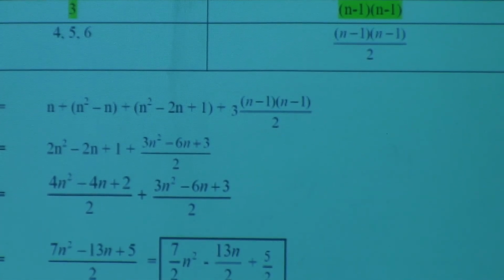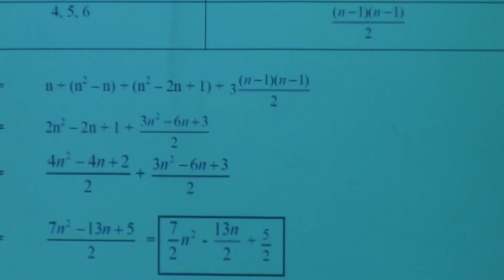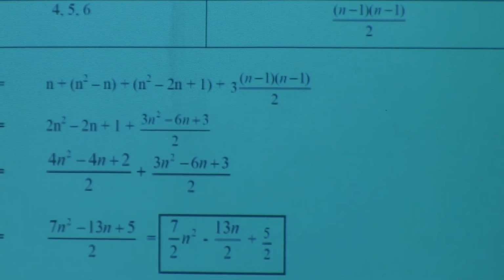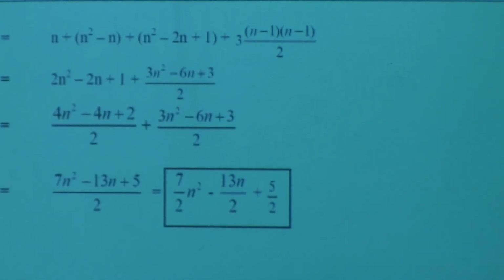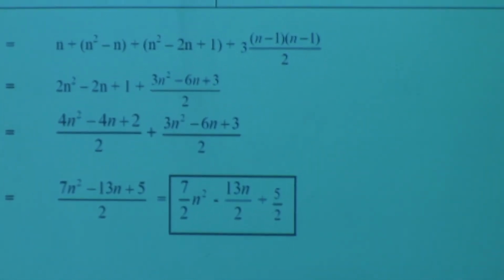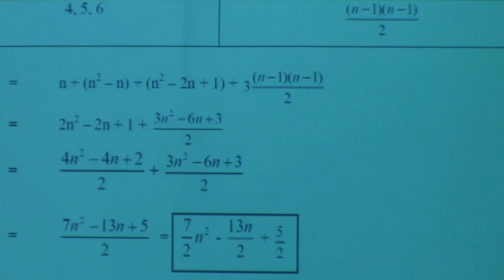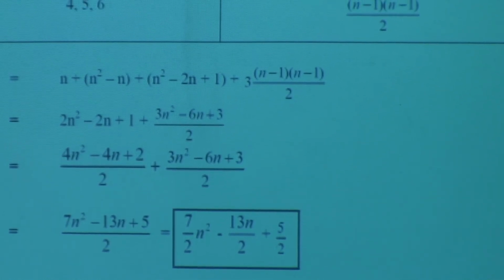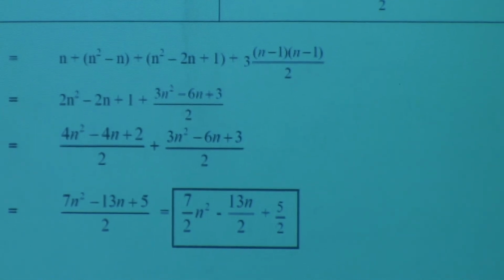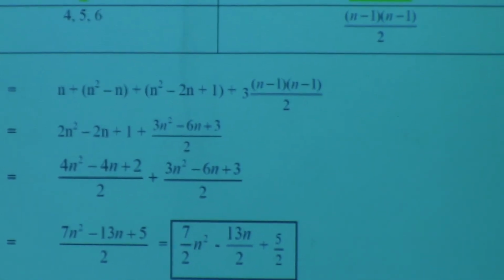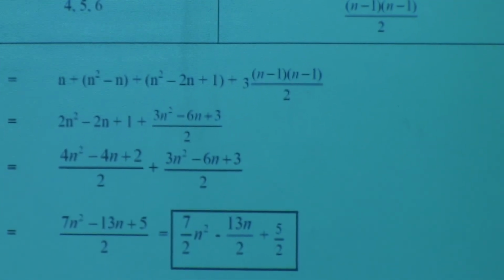And this box right here we can call an instruction count. We're truly counting instructions in the algorithm. So in this case, we have 7 halves n squared, minus 13n over 2, plus 5 over 2. Now notice that this is truly a quadratic function, because n squared is the highest order polynomial term.